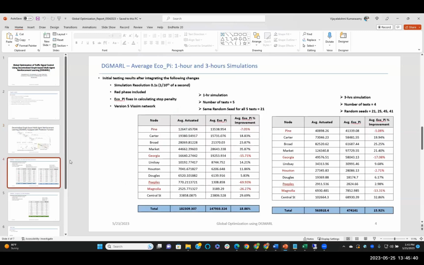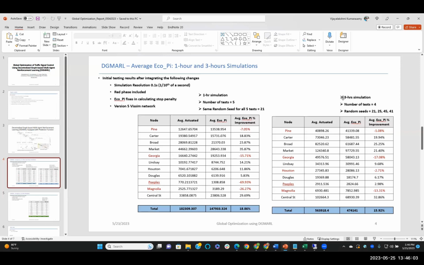In the initial testing, out of 11 intersections, we observed that almost 7 intersections improved in performance, and overall we see around 18.86% improvement when we tested with the PM peak hour, during that first hour of simulation.